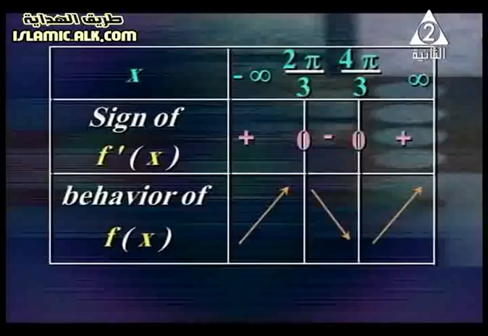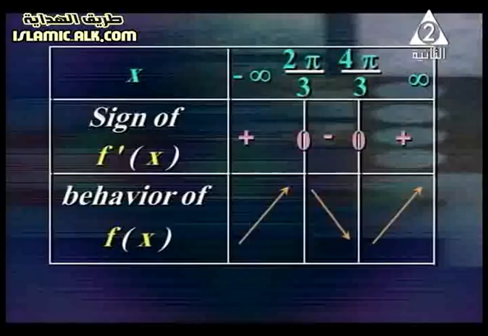When we find f dash x at the first interval, we know that the behavior of the function is increasing. Why? Because the sign of f dash is more than 0, or positive.